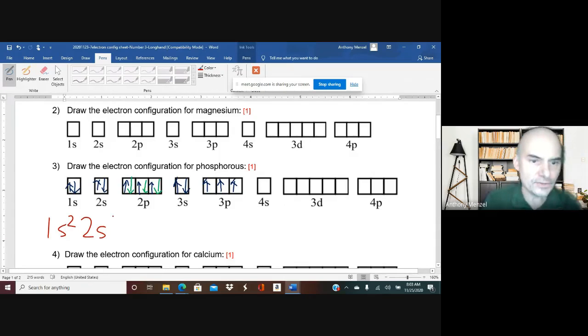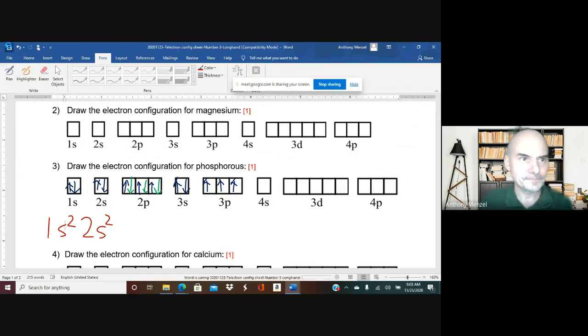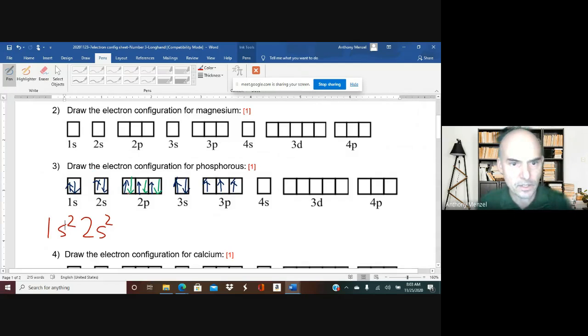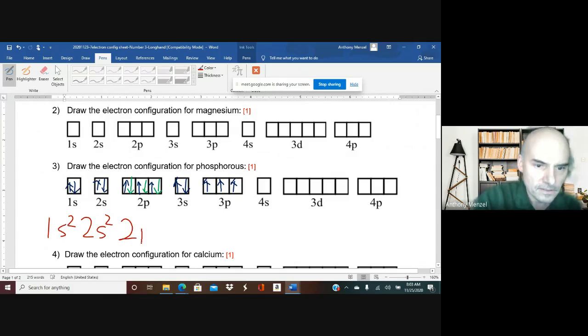2s, and in the 2s, there are 1, 2. And then we'll save that. 2p, you have 1, 2, 3, 4, 5, 6. So 2p6.